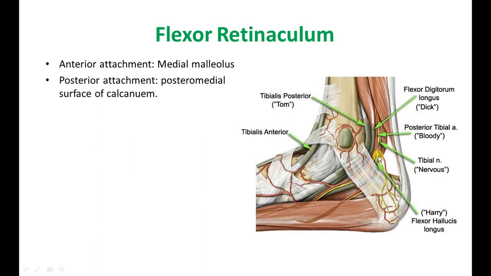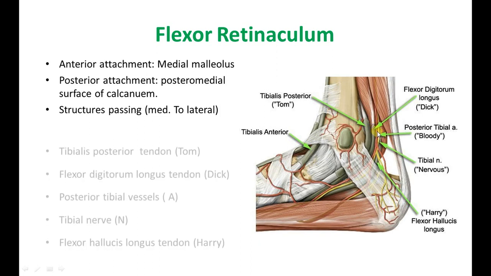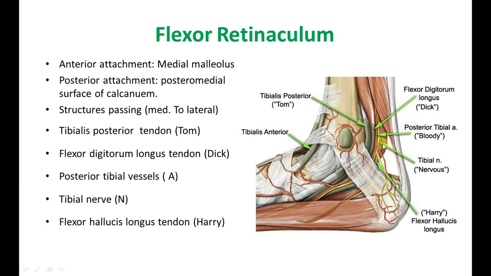And you are able to see the structures passing again from medial to lateral. It is mainly tibialis posterior, followed by flexor digitorum longus. Then you have the posterior tibial vessels and the tibial nerve. Finally you have the flexor hallucis longus. It is represented by the mnemonic Tom, Dick and Harry.